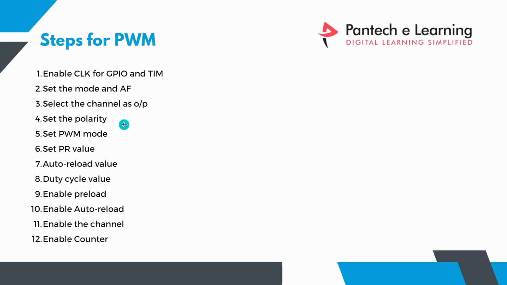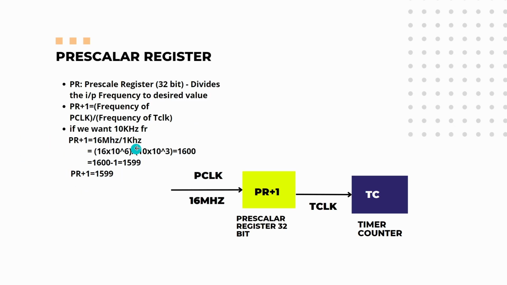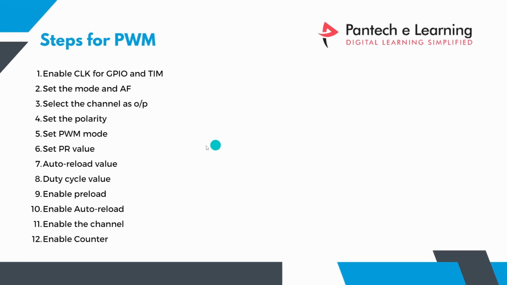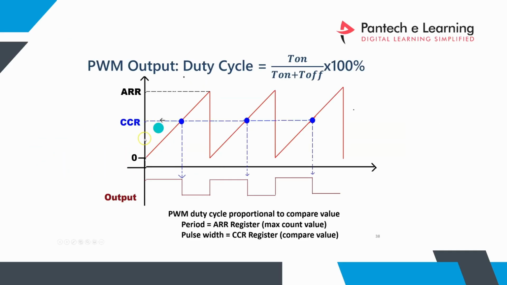Then we will give the polarity and set the PWM mode. Then we have to set the prescaler value. I have already shown you how to derive the prescaler value. We are going to use this 10 kilohertz frequency, and we have to give the auto reload value, at which point we turn on the LED again.